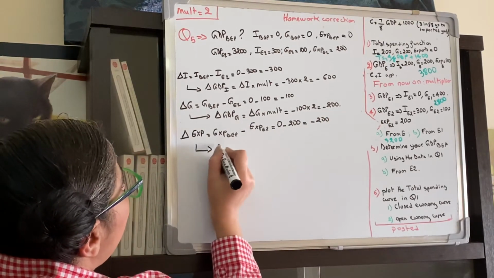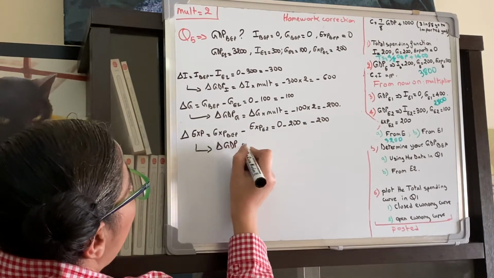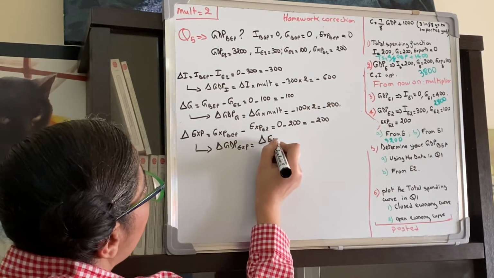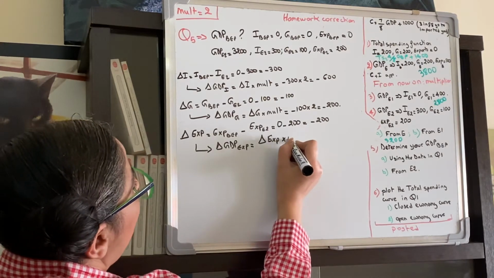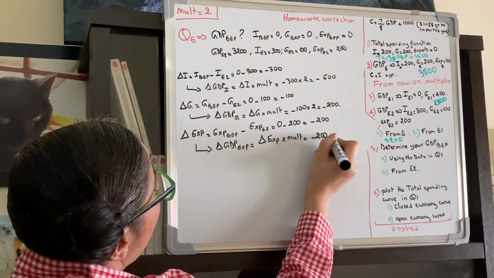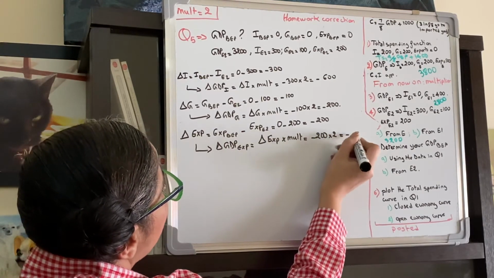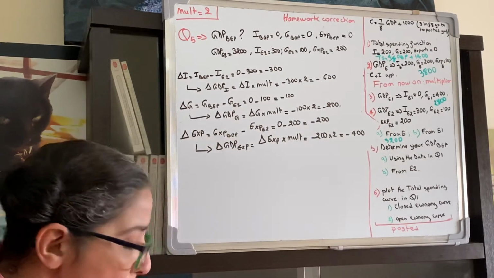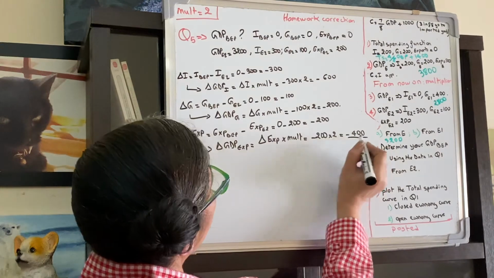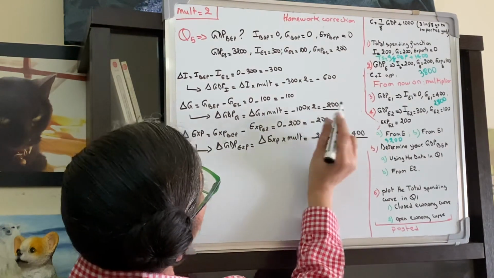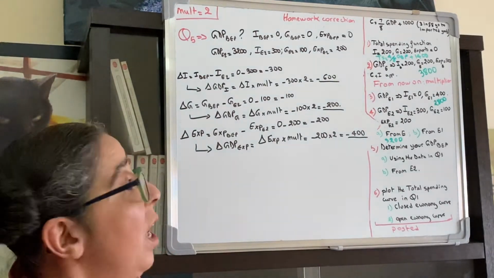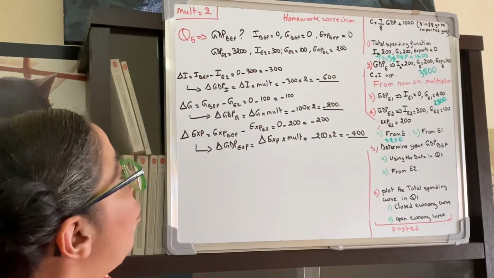Now, delta GDP due to exports is equal to delta exports by multiplier, which is equal to negative 200 by 2, which is negative 400. Woo! Ouch! That hurts. So my delta GDPs are here so that I don't mistake them with the deltas, simply the deltas. Okay, no mistake, please, Amy, no more mistakes.